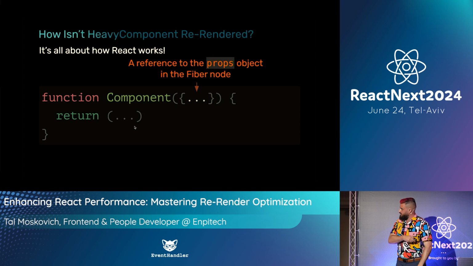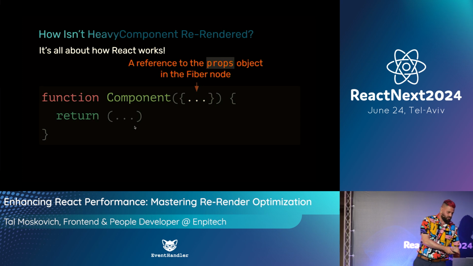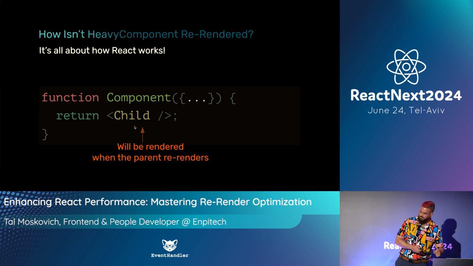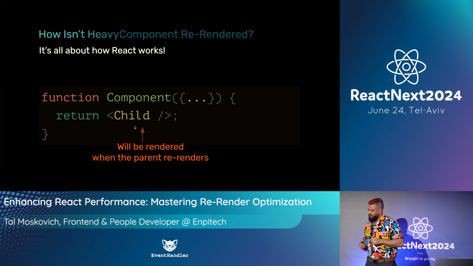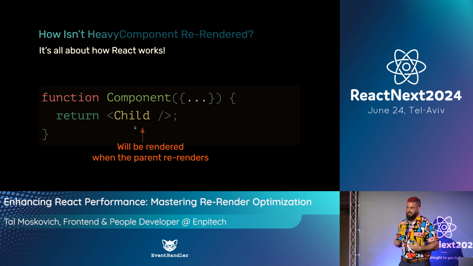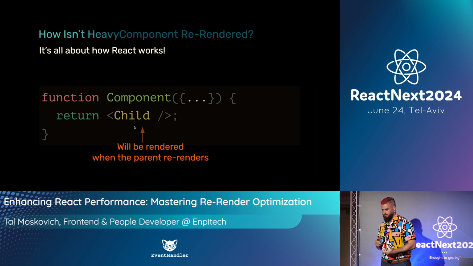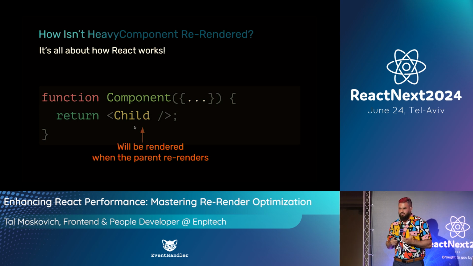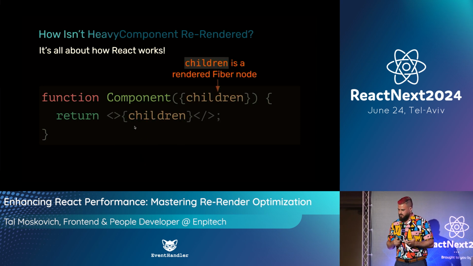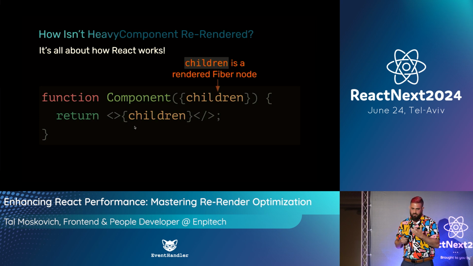And of course, a call to this child element, this child element will be created when the parent is re-rendered. But what about children? Children is a special thing here. Because when React takes children, children is a rendered fiber node.